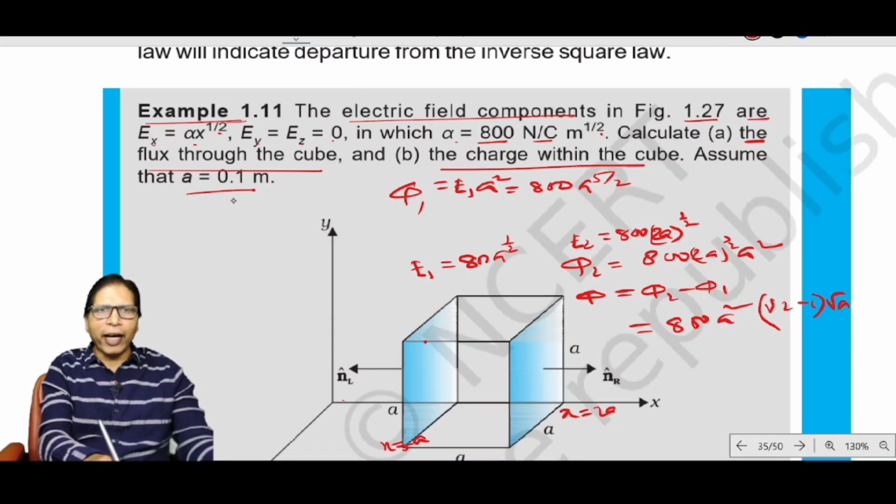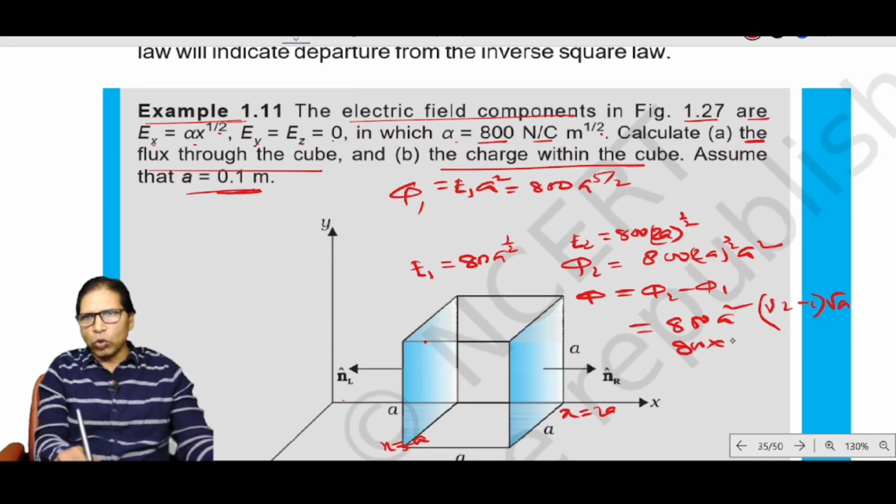Okay. Now here a equals 0.1 meter. So this is 800 into 0.01 into root of 1 by 10 into (root 2 minus 1). No problem. So this is 8 by root 10 into 0.41.